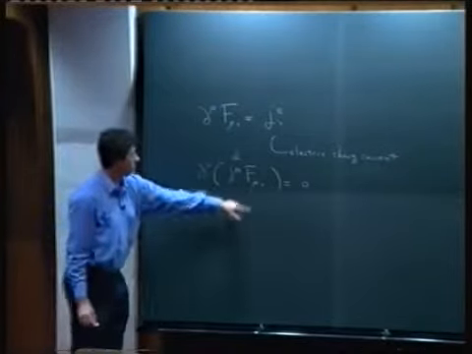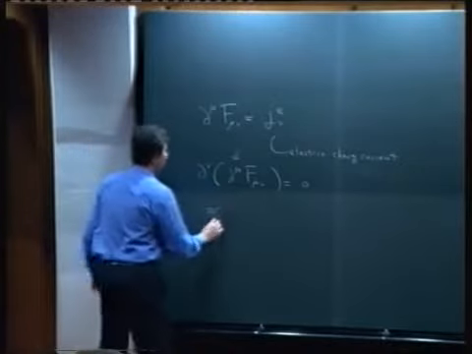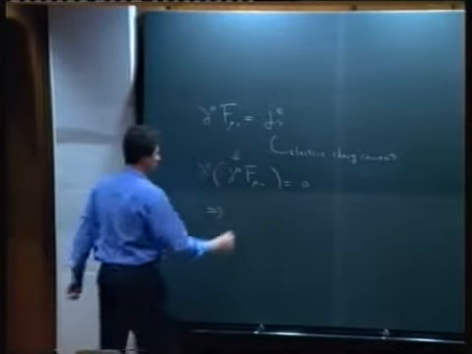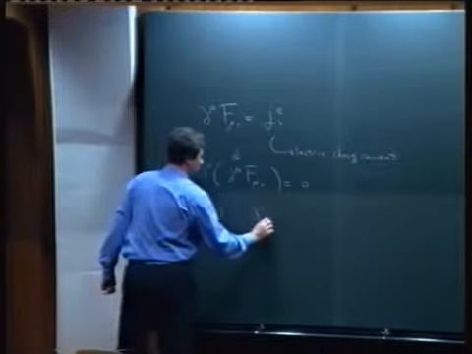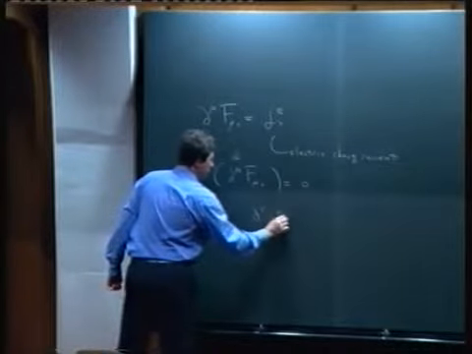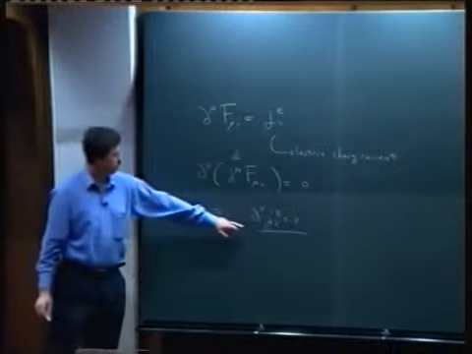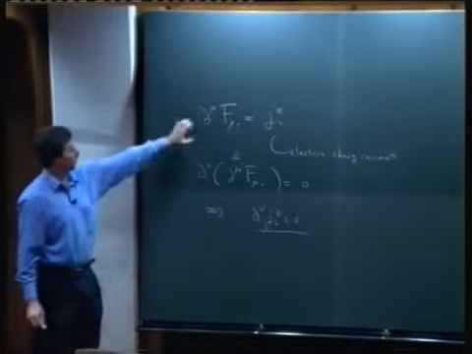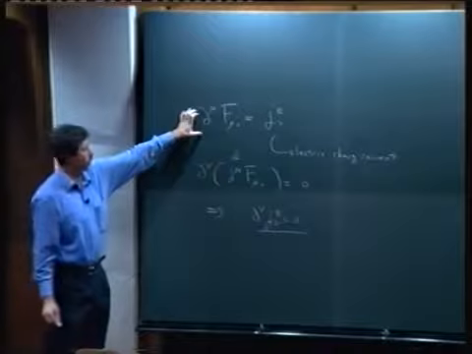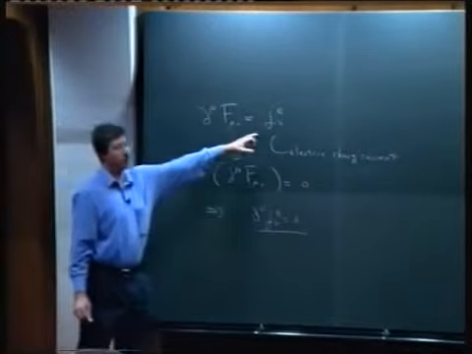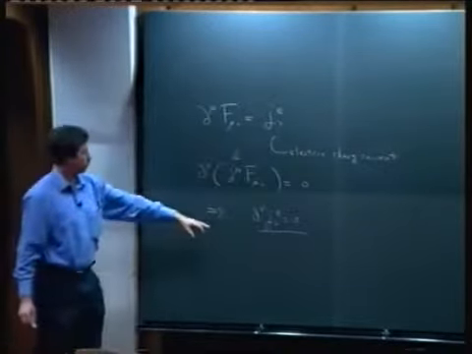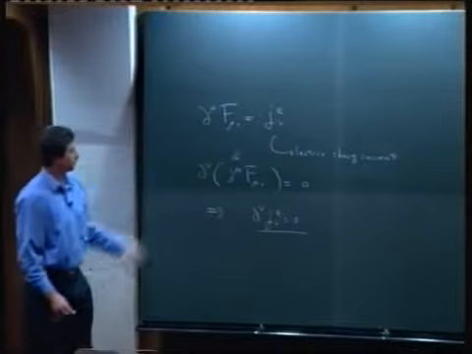So this is equal to 0, and this implies that also the current on the right-hand side always has to be conserved. And of course we know that electric charge is conserved, but this is an important requirement, that the current that we couple to the electromagnetic field must be a conserved current.